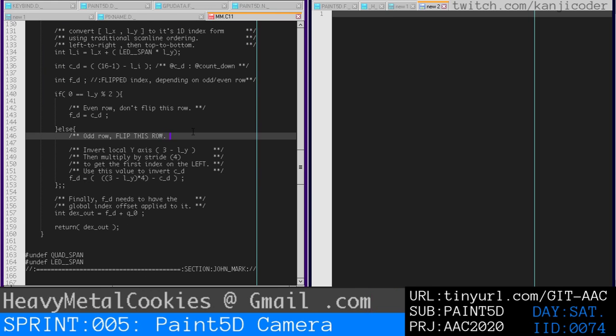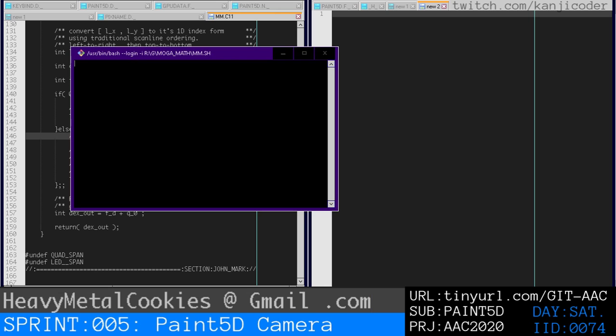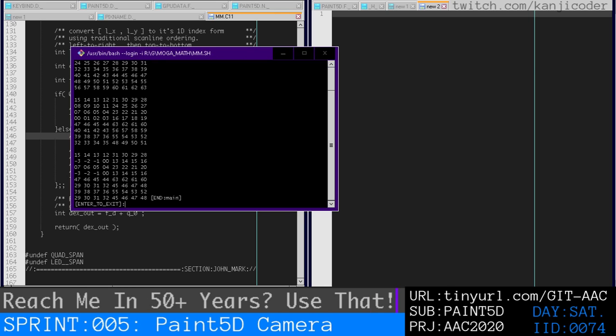Oh, we see this flip this row is wrong. Okay, so what do we got? We have horrible mistakes here. We got 15, 14, 13, 12, 31. And then this is wrong. 7, 6, 5, 4. This is right. But then we got these negatives here again, right? 47, 46, 44, 44.